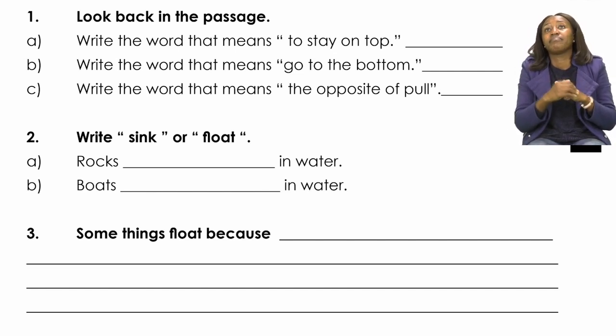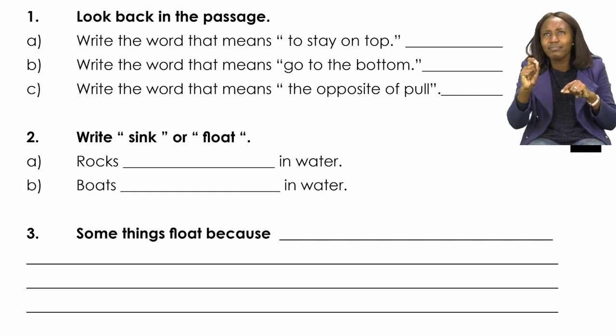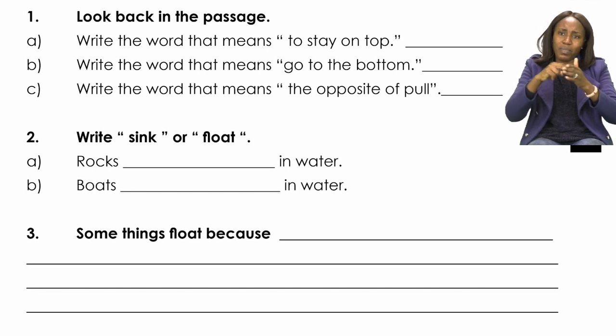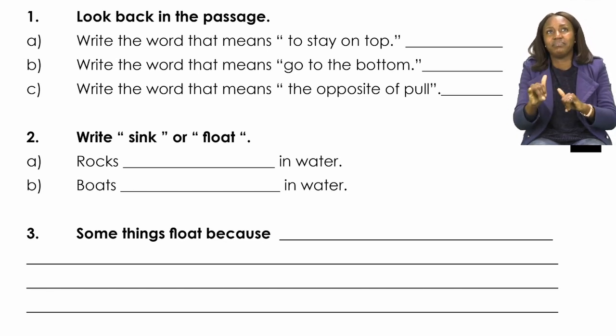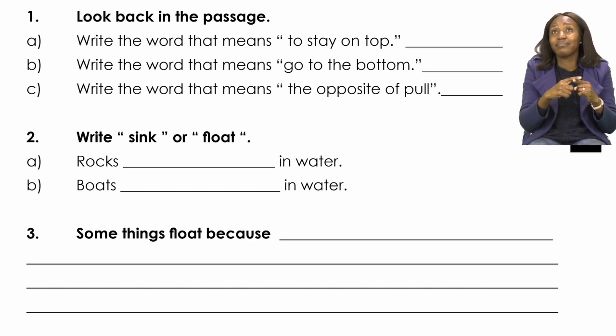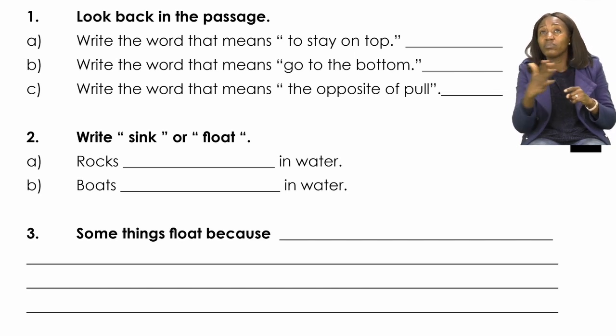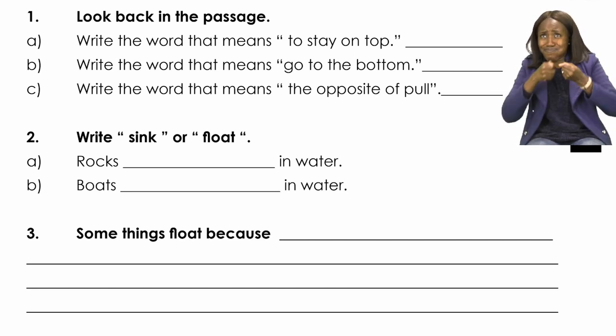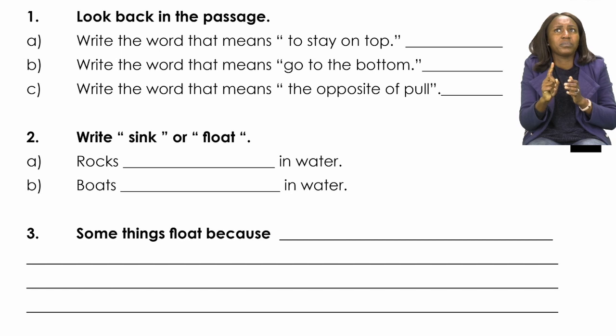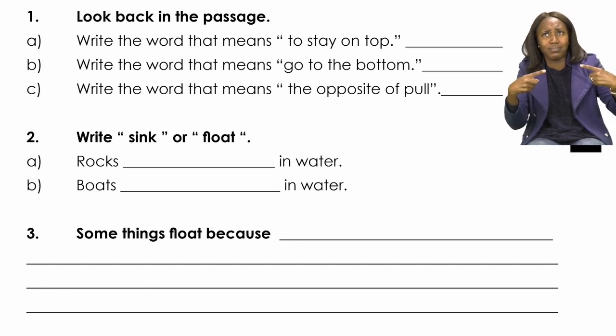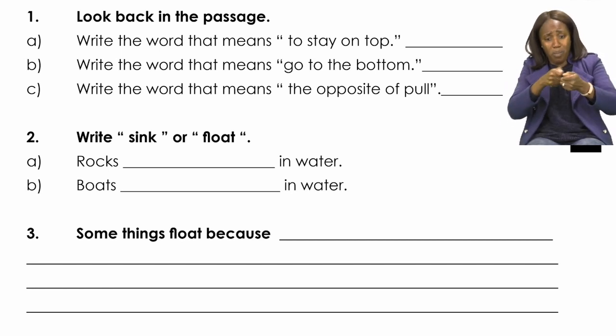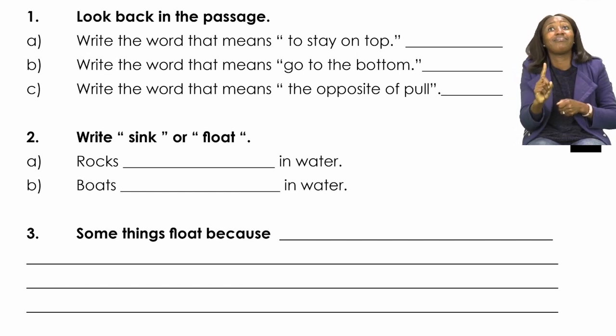Write down the word that means go to the bottom. Number 1C says, write down the word that means the opposite of pull. Write down the word that means the opposite of pull.